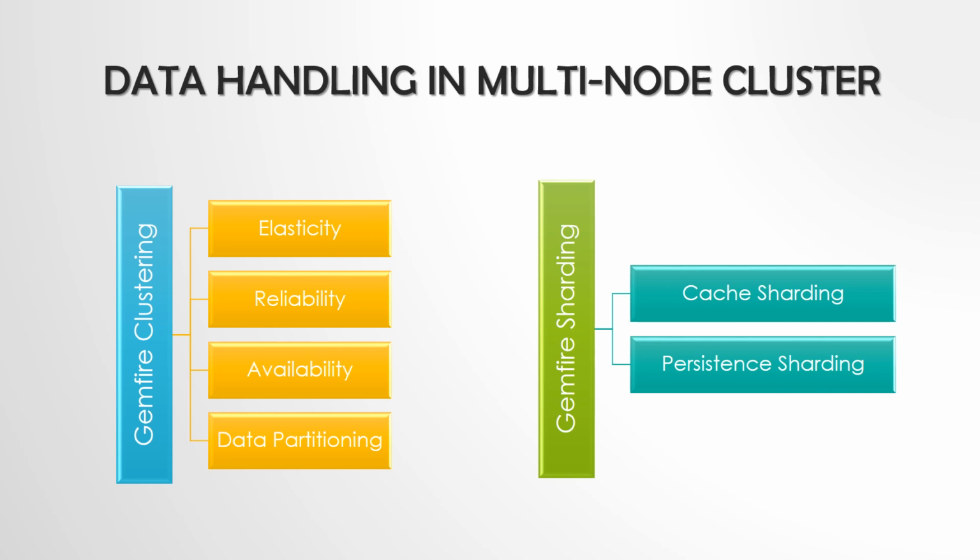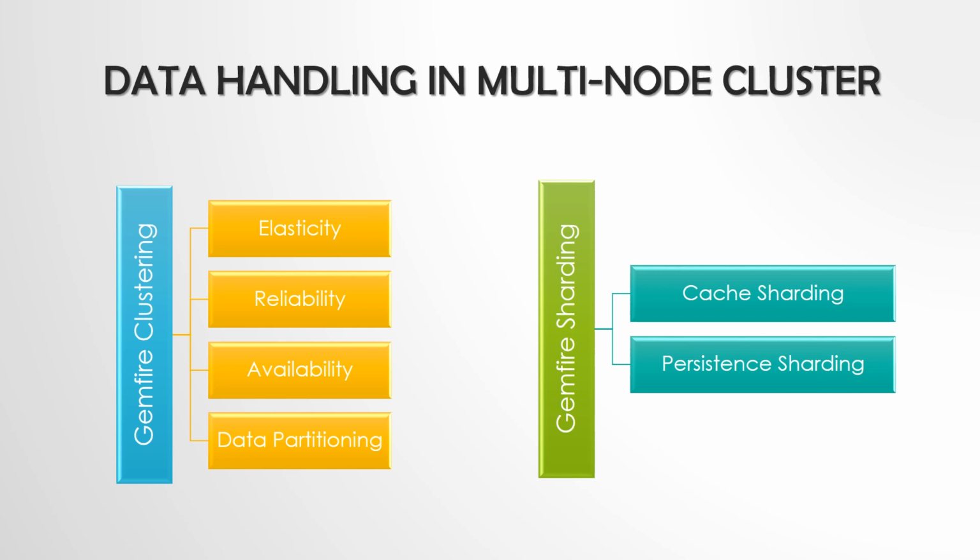Third is availability. That is, even if GemFire HA is not enabled and some failure occurs, then all the other nodes will take over the failed service and the load of the failed node. And I'm assuming that the failed node is not the master node.